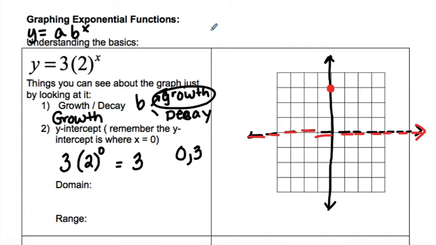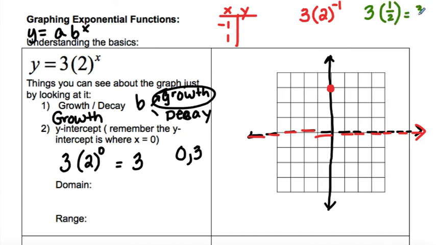Now, I am going to get 1 to 2 other points on the graph, so I'm going to plug in points. Okay, so I'm going to plug in x is -1 and 1. If x is -1, we get 3 times 2 to the -1. So there's that negative exponent. So we have 3 times 2 to the -1 means 1/2.